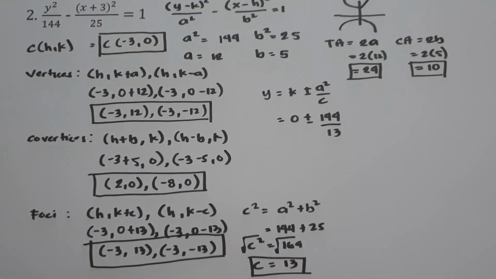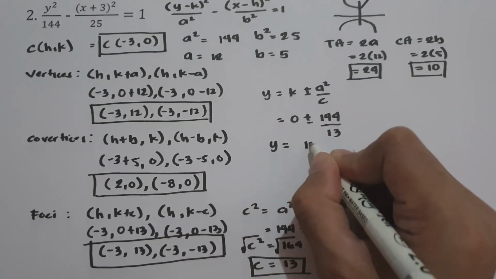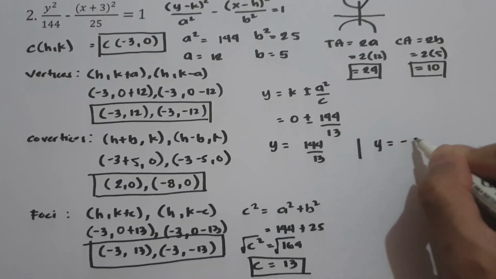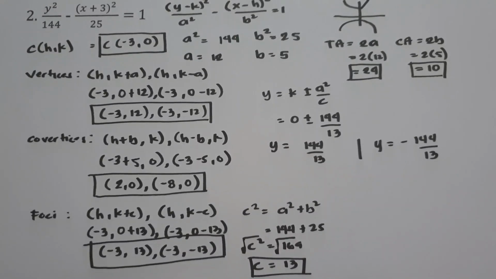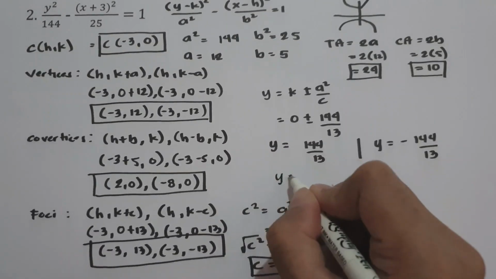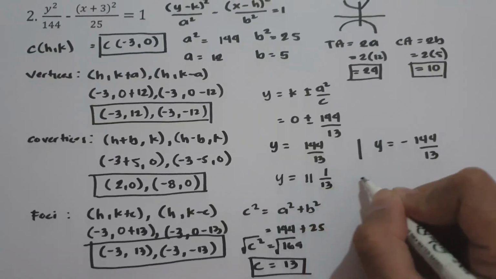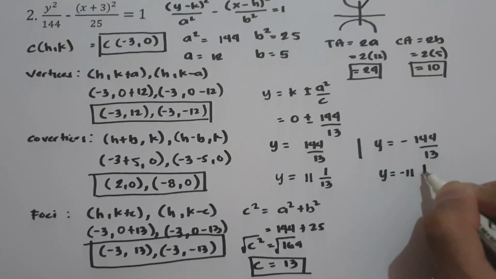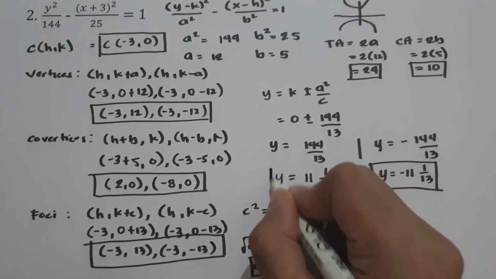If we are going to separate this one, we are going to have y equals 144 over 13 and y equals negative 144 over 13. And if we are going to divide, we are going to have y equals 11 and 1 over 13. On the other side, we have y equals negative 11 and 1 over 13. So this will be the equation of our directrices.